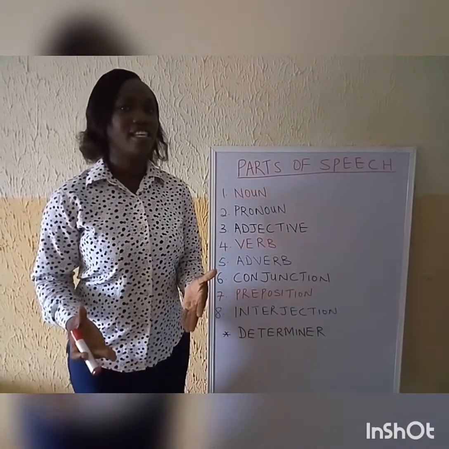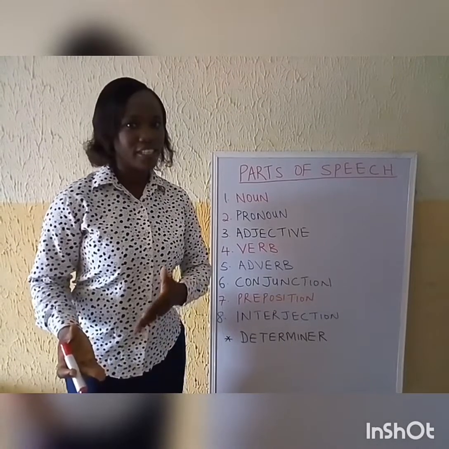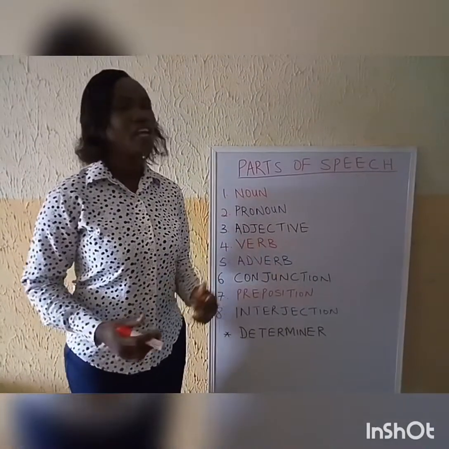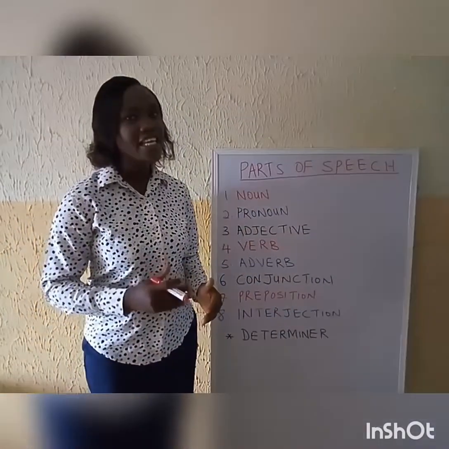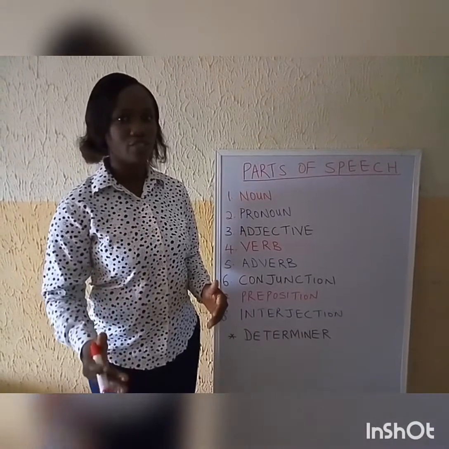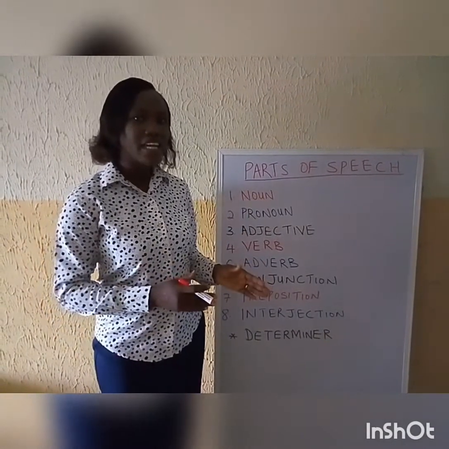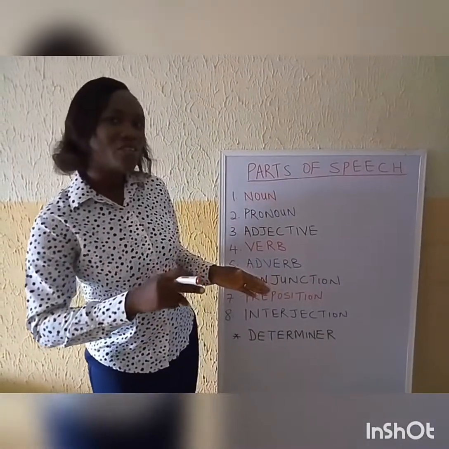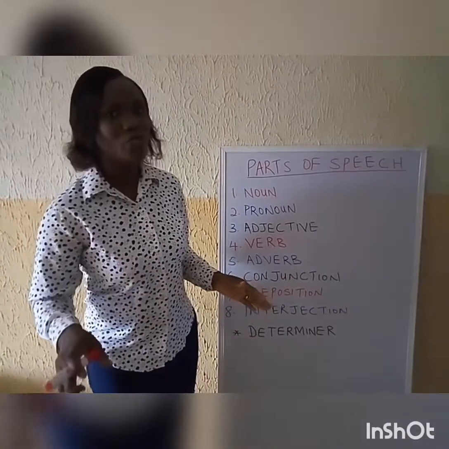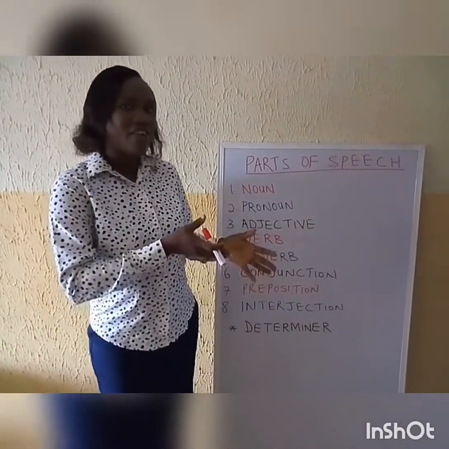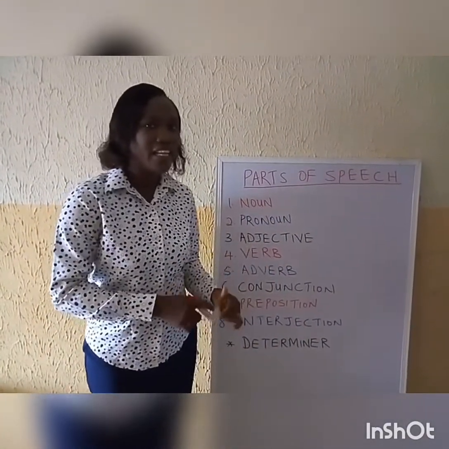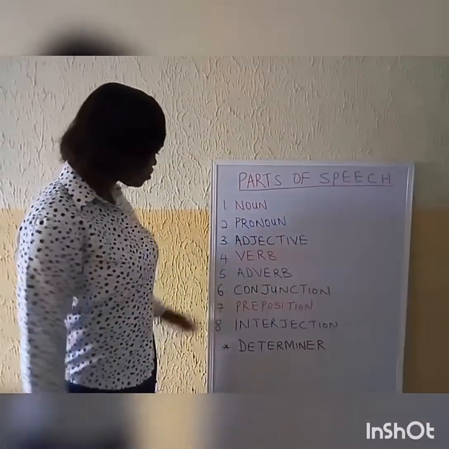Beautiful is an adjective describing she. Now when we say she is very beautiful, very is an adverb telling us more about beautiful. So in this sentence, the adverb is modifying an adjective.